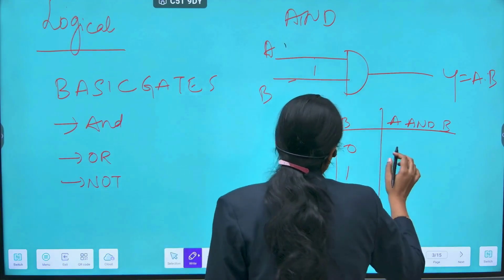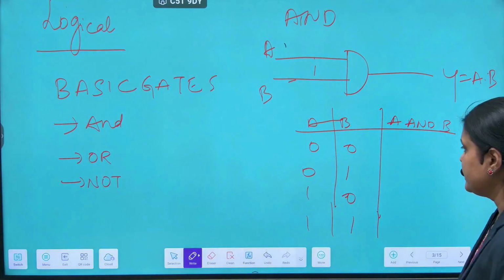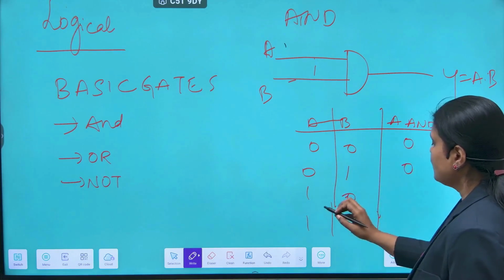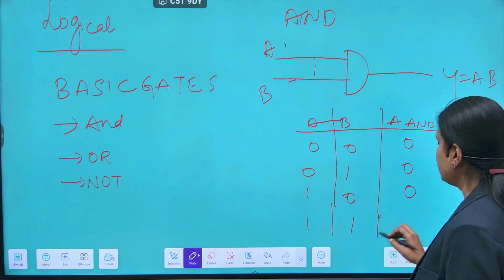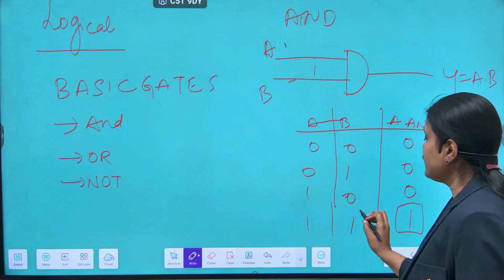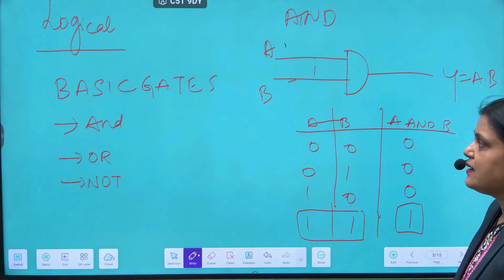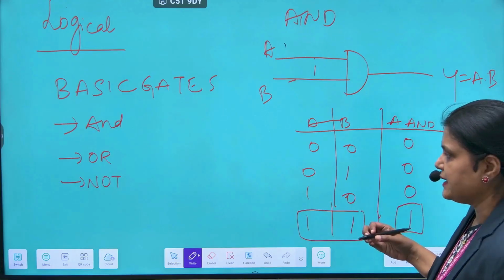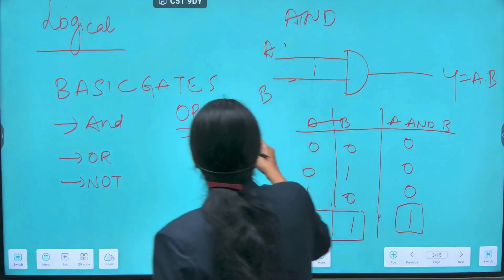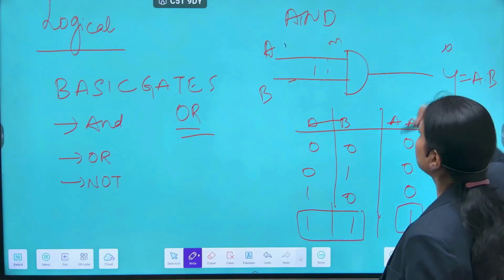So A AND B means nothing but A into B. 0 into 0 will give me 0, 0 into 1 gives 0, 1 into 0 is 0 and 1 into 1 is 1. So the output is high only if both the inputs are high. This is about the AND gate. Now let's look into the OR gate. Here in the AND gate we can have n number of inputs and only one output.